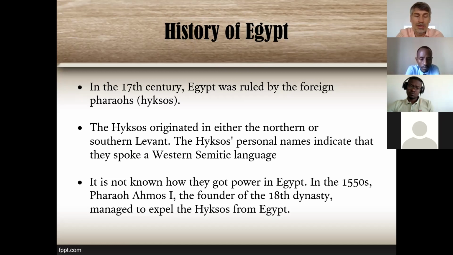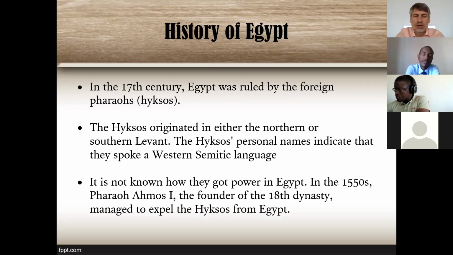And we can assume, of course, we cannot be sure, that when Joseph was sold to Egypt, the Hyksos were already in power at that time. Maybe it can explain why Joseph was promoted to be the second person after the Pharaoh.